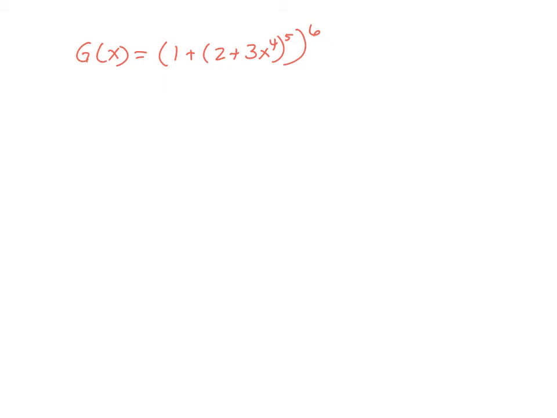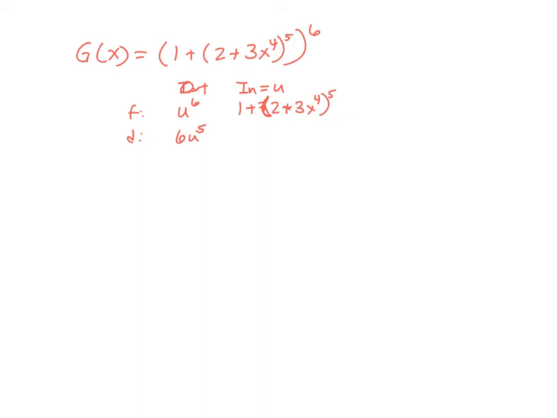So I might say to start off with that my outside function is u to the sixth, and my inside function, or u, is 1 plus parentheses 2 plus 3x to the fourth to the fifth. So for my derivative, this would be 6u to the fifth. And to find the derivative of the inside function, I actually have to use the chain rule again.